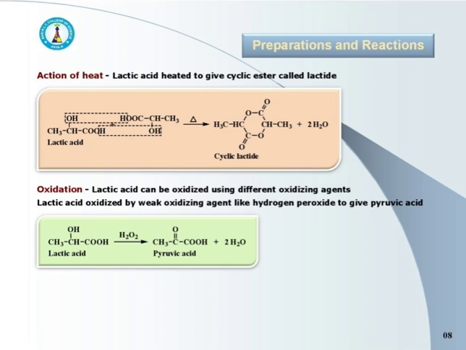Oxidation of lactic acid by using a weak oxidizing agent like hydrogen peroxide gives pyruvic acid. The alcoholic group, that is CHOH group, gets converted to carbonyl, that is CO.